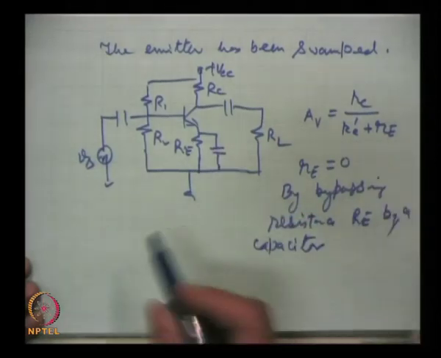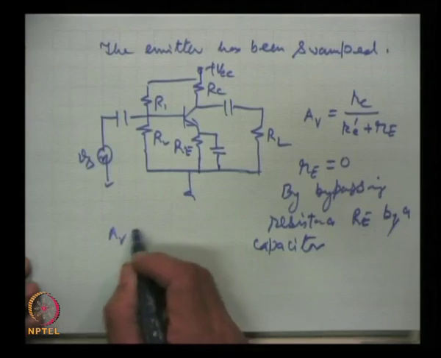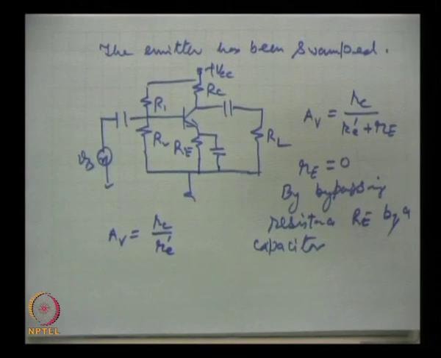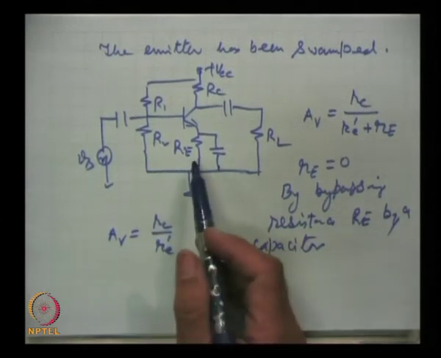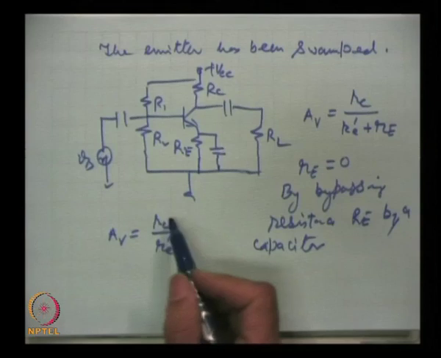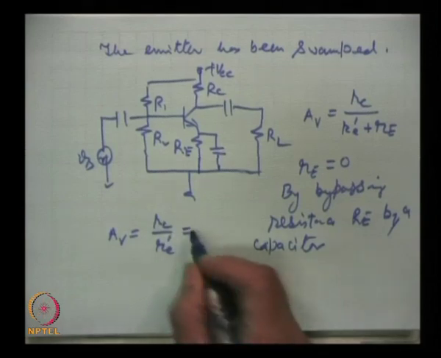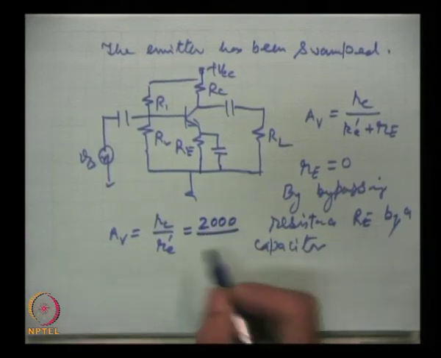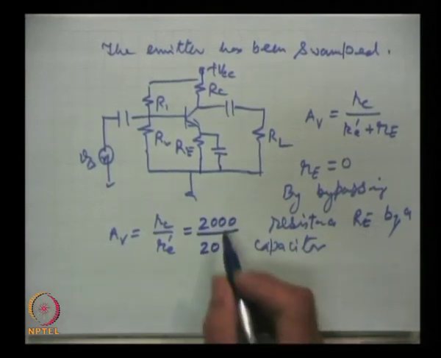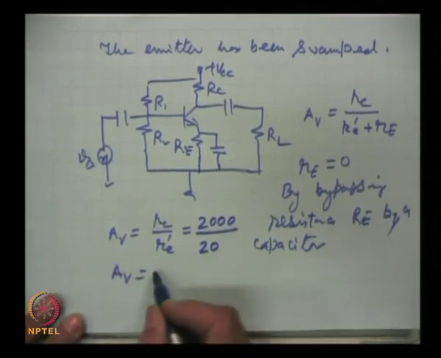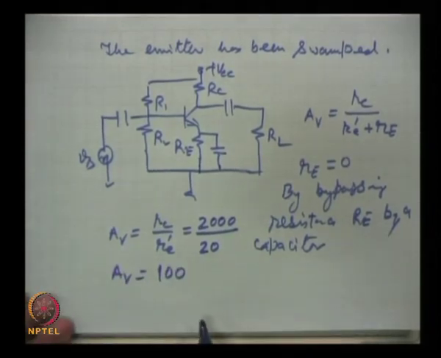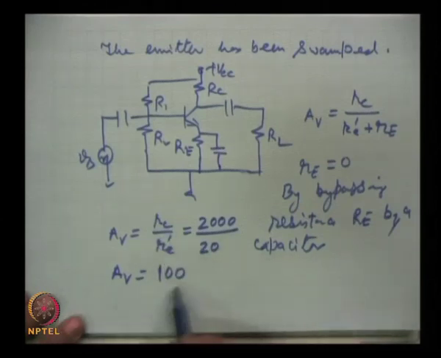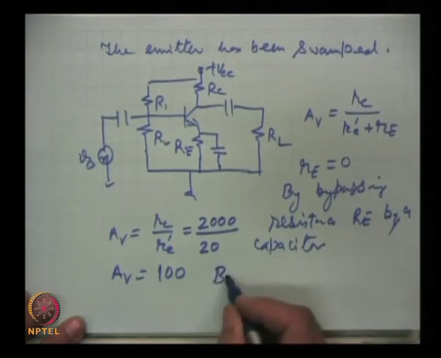Then we get the voltage gain as Rc by Re prime, but this way the gain becomes very large, because Rc is in kilo ohms. If Rc is, say, 2 kilo ohms, that means 2000 ohms, and Re prime is 20 ohms, then the voltage gain is 100. It is very high, but it is temperature sensitive. So, it will be high, but unstable.